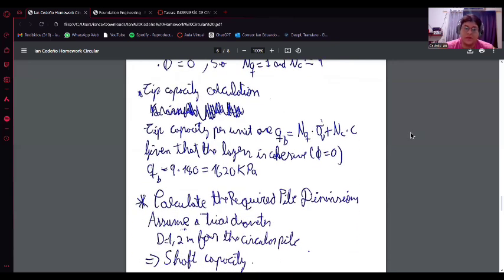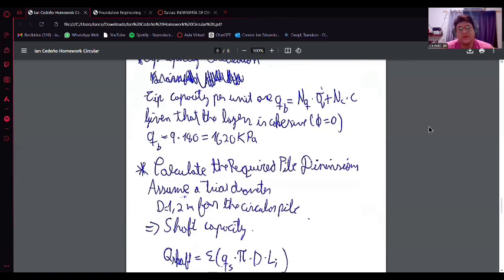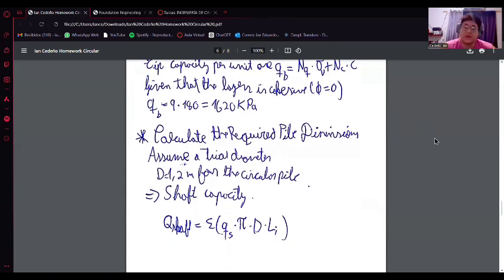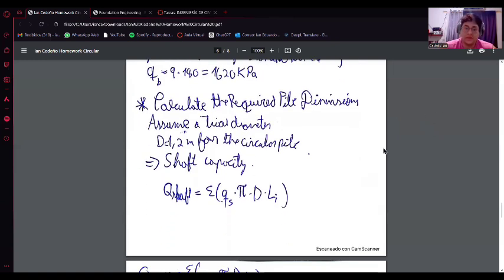For the tip capacity calculation, we have the tip capacity per unit area QB is equal to NQ times the vertical stress plus NC times C. Given that the layer is cohesive, the angle is 0, so QB is equal to 9 times 180, and this is going to be equal to 1,620 kilopascal.